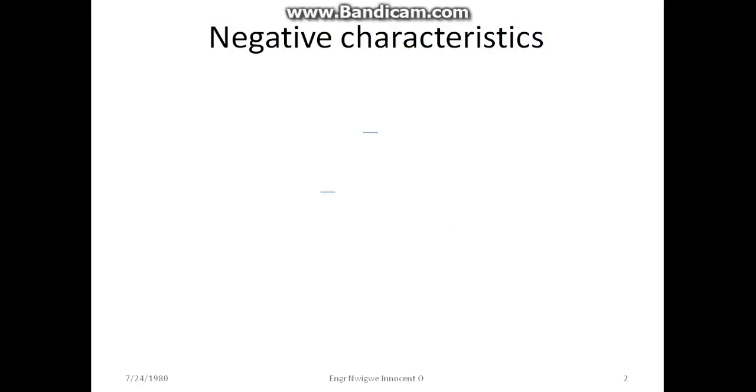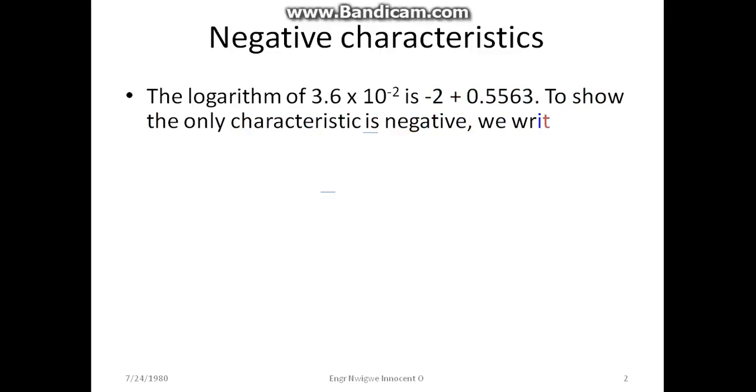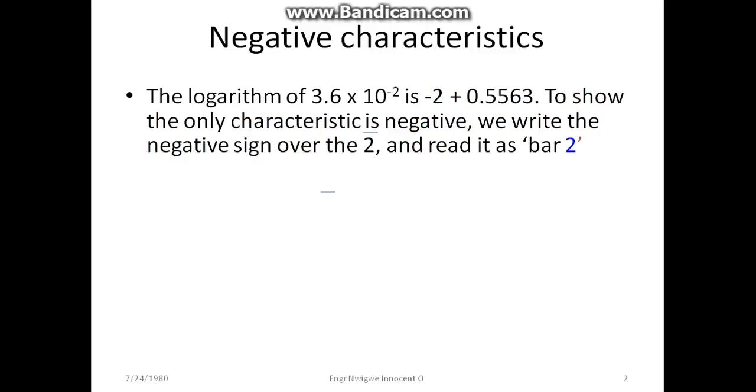Negative characteristics. The logarithm of 3.6 times 10 raised to power minus 2 is minus 2 plus 0.5563. To show that only the characteristic is negative, we write the negative sign over the 2 and it reads as bar 2.